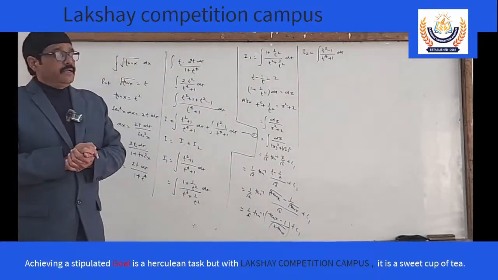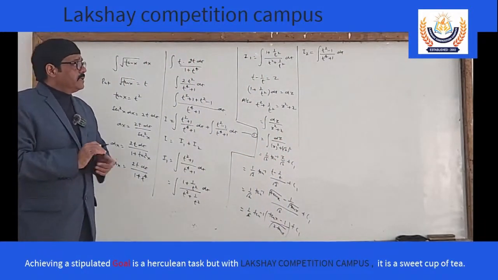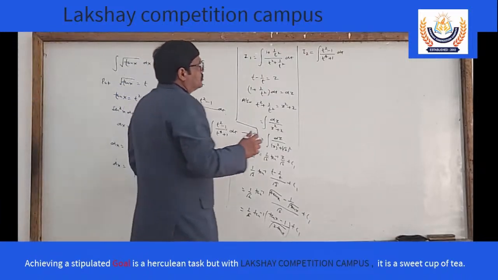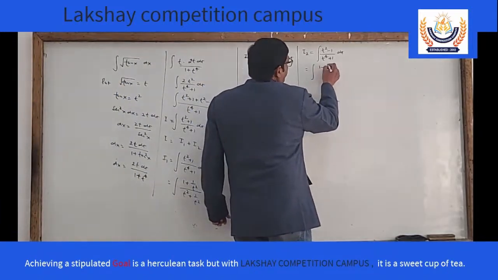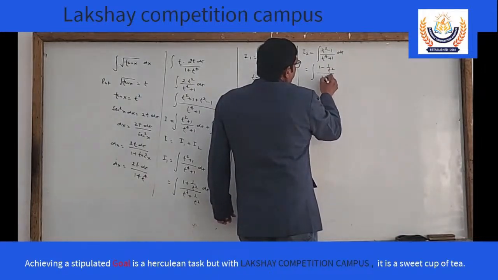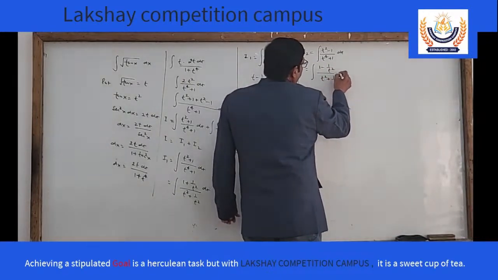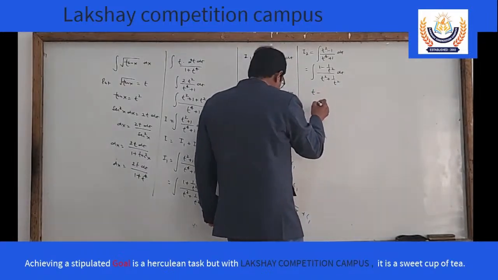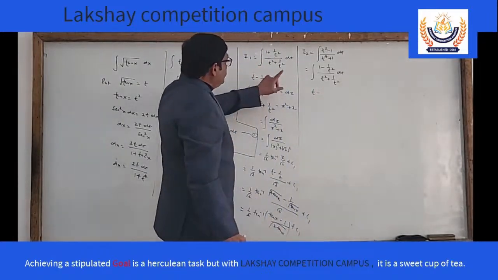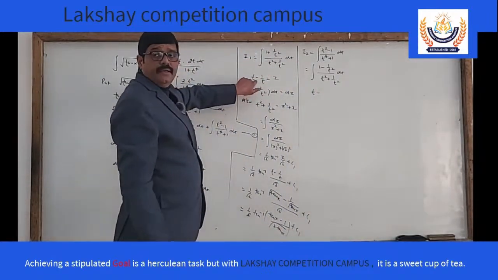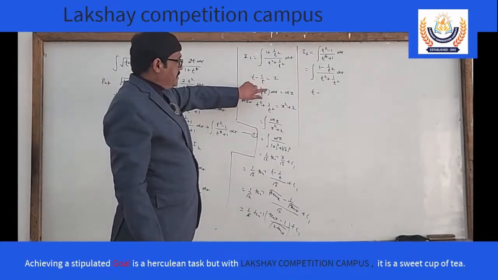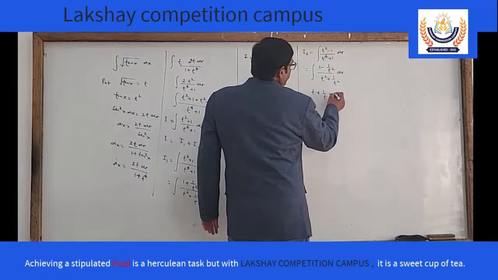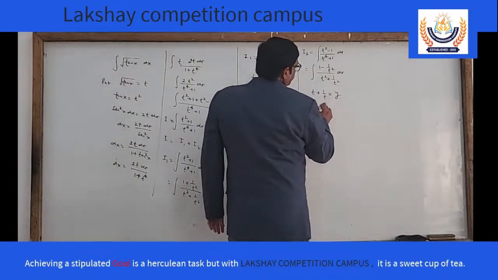Divide the numerator and denominator by t². So we get (1 minus 1 by t²) dt over the denominator. Here the sign is plus, so you put t plus 1 by t as y.